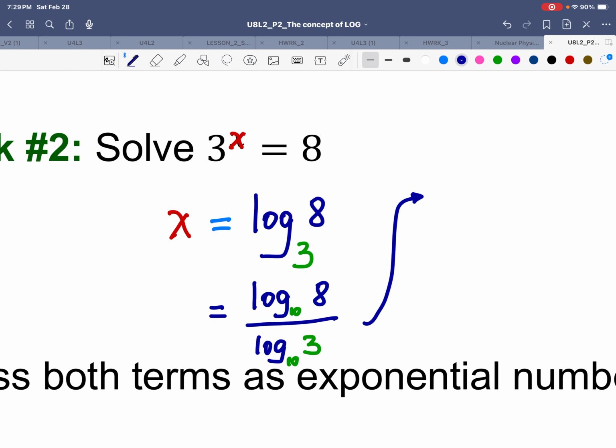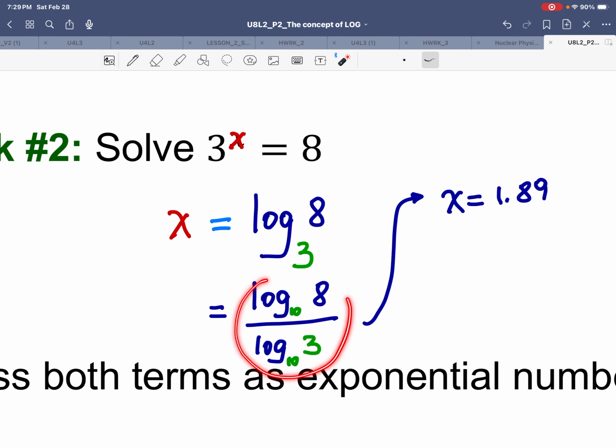I'm going to stop here for a second. It is very important to round the answers that we get from using logs to 2 or more decimal places, because these numbers are very powerful, as they represent powers or exponents, and a slight change in this number can actually alter the solution.